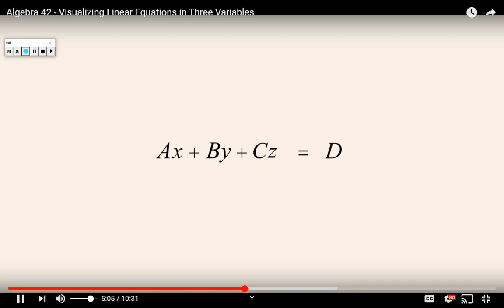Let's start by setting a and b to 0 and c to 1. This eliminates all the variables but z. If we set the value of d to 3, we get the linear equation z equals 3.